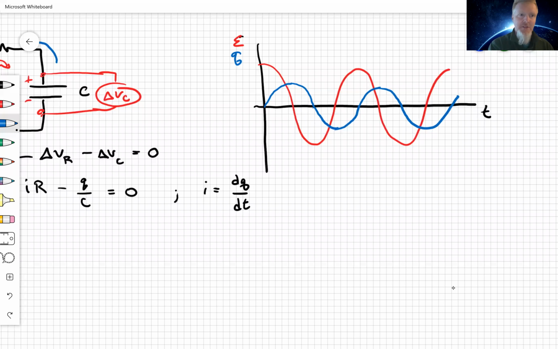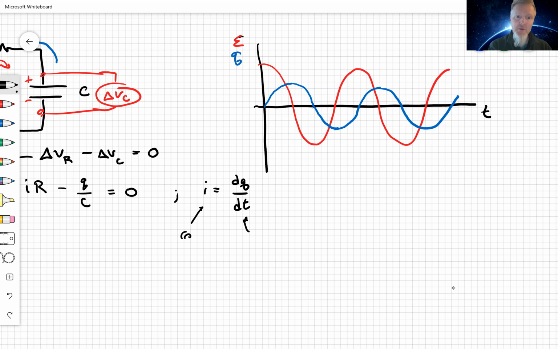Oh, real quick, I'll just throw in a little bit of math justification for that. I think you can see it because you remember how the current depended on the cosine? It was the same as the voltage across the resistor. Look, the charge is going to be d by dt of that cosine, a sine, right? If I differentiate the cosine, I'm going to get a sine. So the charge on the capacitor is going as a sine, which means the voltage on the capacitor is going as a sine, right?